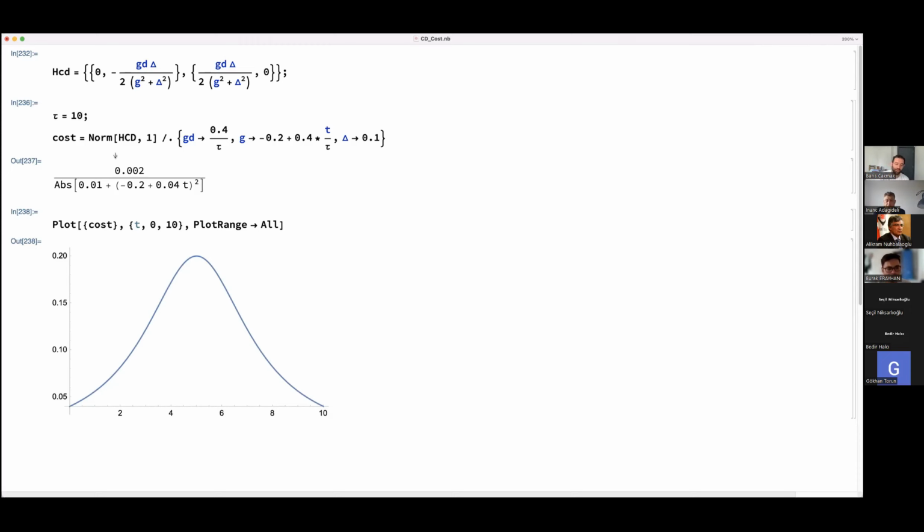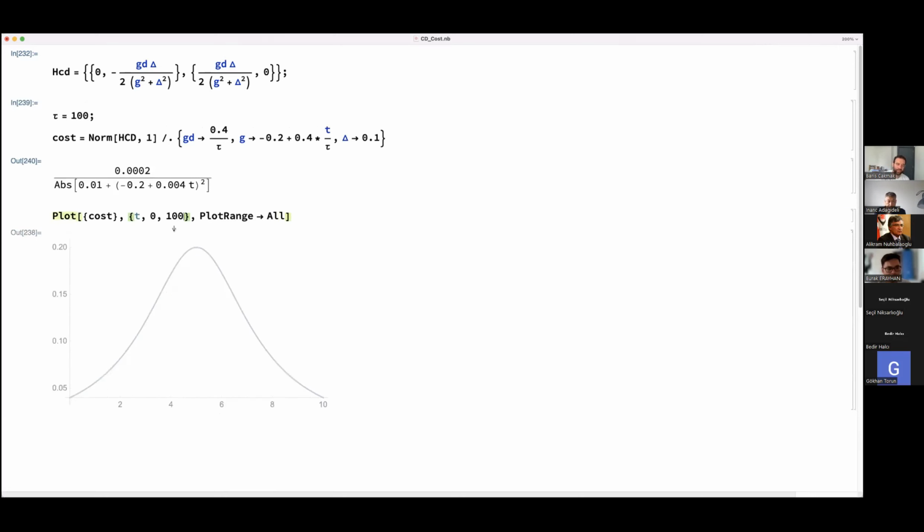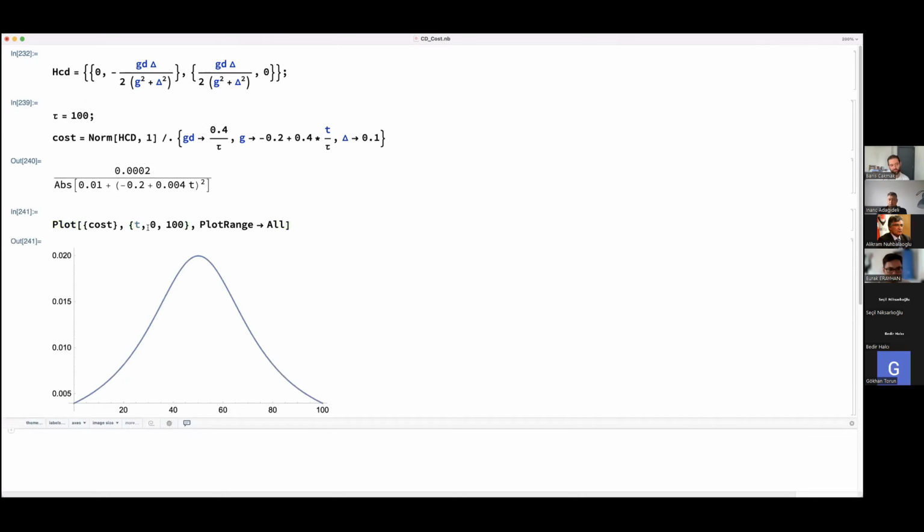So if you make this even higher, you are going to get even lower cost. We increased by a factor of 10, the cost dropped by a factor of 10. So this is well within the adiabatic approximation. If you do things slower, you have reduced costs basically.